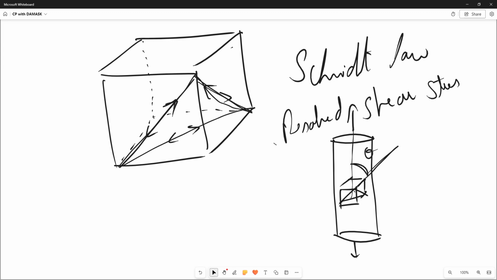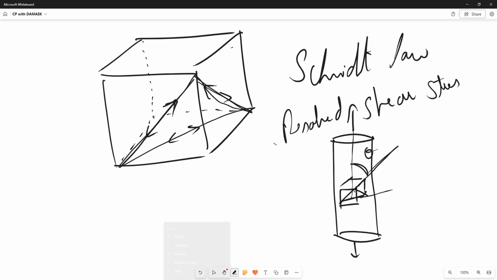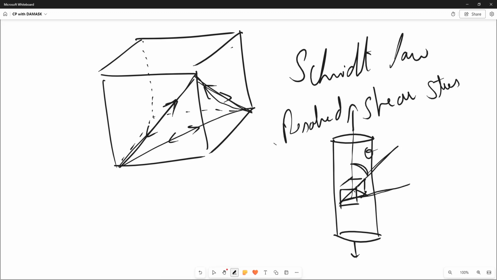right? And then this resolved force is further divided into its components. For example, there is one direction which it can propagate in, there is another direction that it can propagate in, and then there is a third direction it can propagate in, right? So then there is this angle of this resolved force with respect to, for example, the slip direction, right?